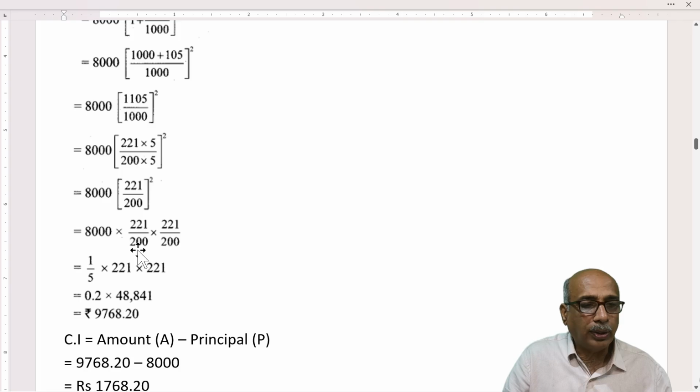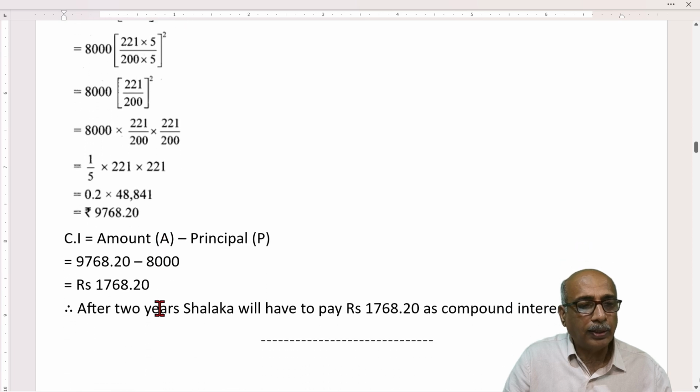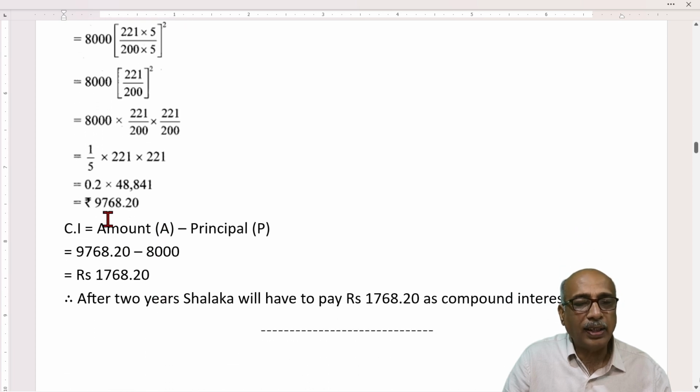When you simplify this, 3 zeros will get cancelled, then here we'll get 1 by 5. 8000 divided by 200 into 200. So you will get 1 by 5 into 221 square. So this equals 0.2 into 48,841. The answer comes to rupees 9,768.20.